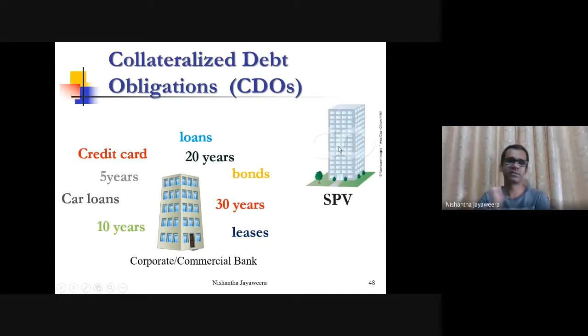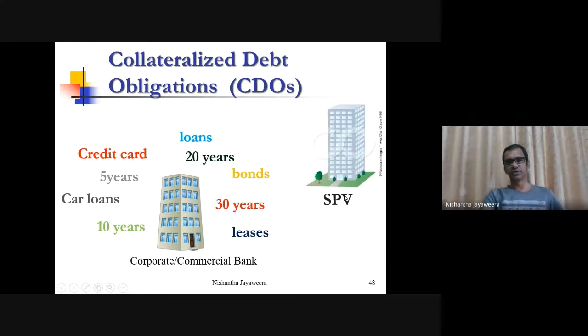or it can be a completely independent entity. But most of the time, it would be a subsidiary of this corporate or commercial bank. So why do they create this special purpose vehicle? It is to remove the risk that comes to the commercial bank or this corporate due to default of these loans.